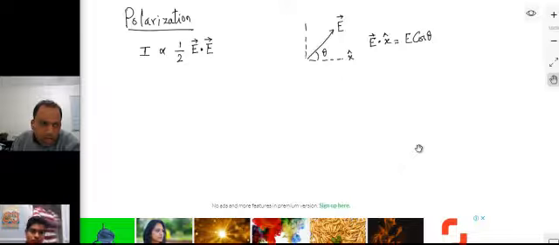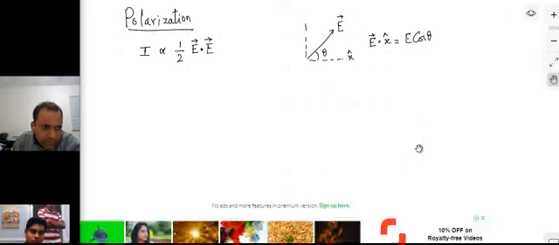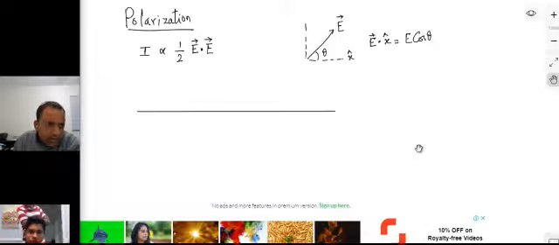So now what we want to do is, let us say there is a beam. So I think I can use this straight line idea. So this is an optical axis. And let us say there is a beam. Let me try to draw using straight lines.